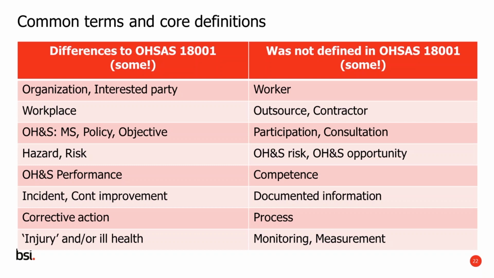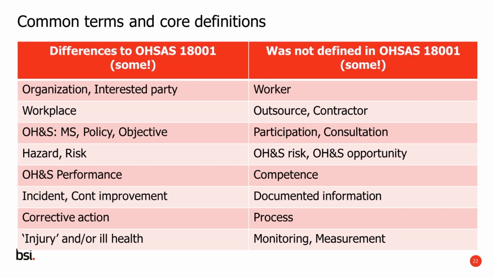The definition for the occupational health and safety management system, policy, and objective has been revised as well, mainly to align with the high-level structure. Hazard and risk have been revised. Specifically, risk is now the effect of uncertainty, whereas previously risk was the likelihood and severity of a hazard happening.